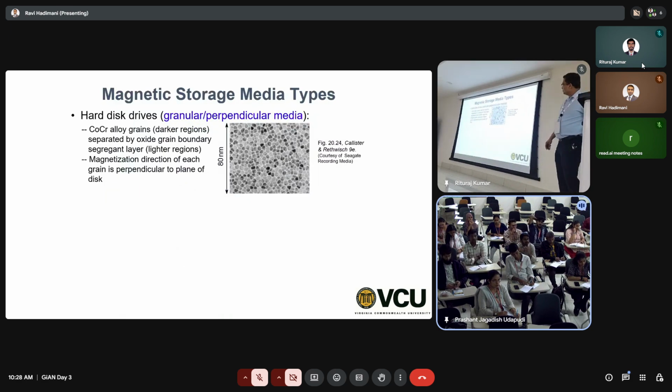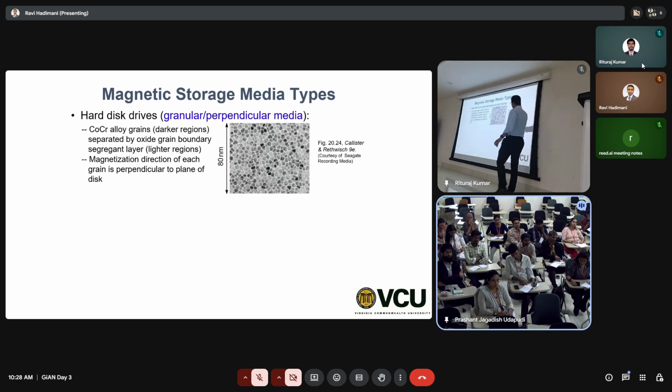So when you look at the hard disk drive, the magnetic layer, cobalt, iron cobalt, or cobalt platinum, or gadolinium terbium. So this is how the domains look. And here is one place where you can assign one grain to one domain.